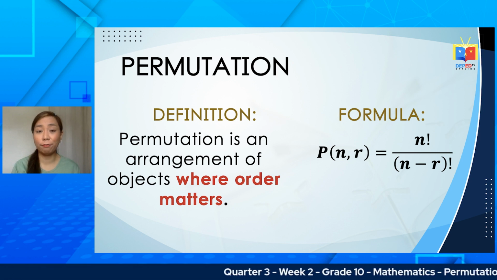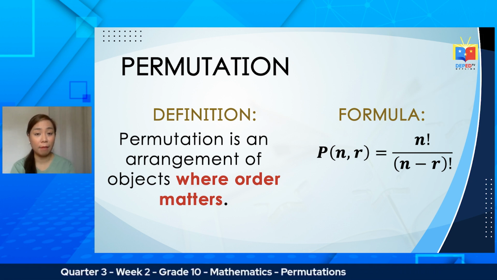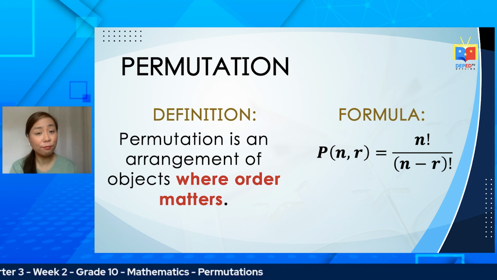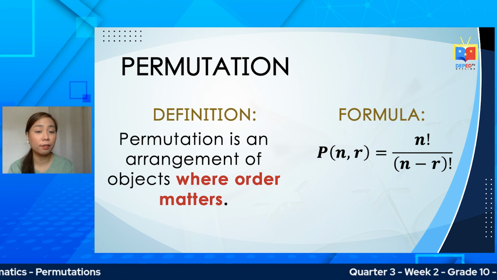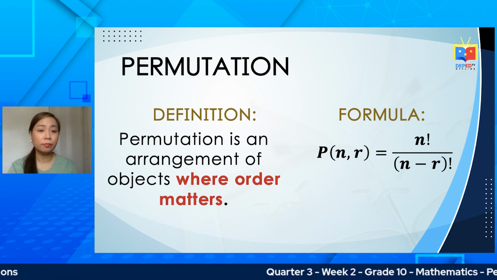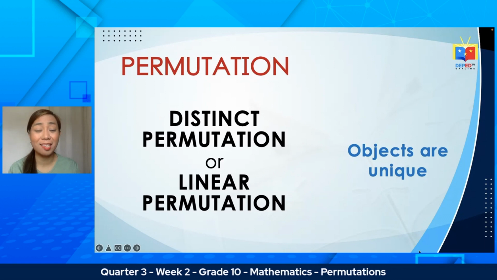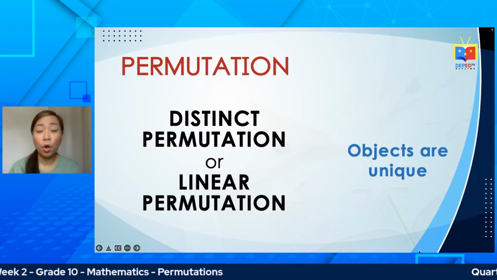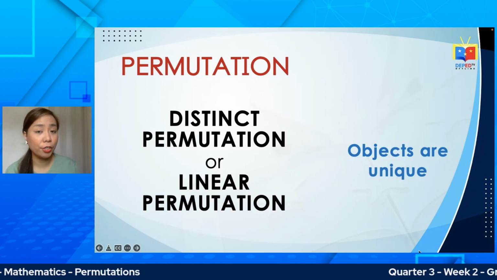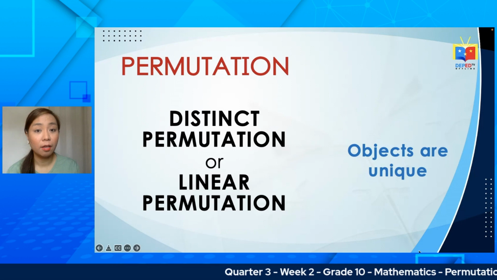We also use the formula: permutation of n objects taken r at a time equals n factorial over the quantity n minus r factorial. This permutation is also known as a distinct permutation or linear permutation, where objects are unique. Objects are distinct. Iba-iba.